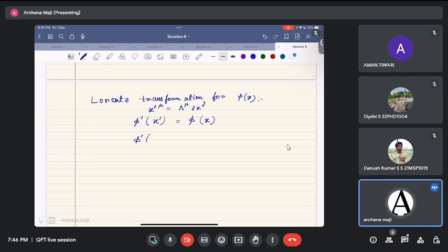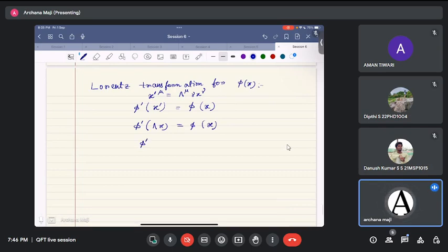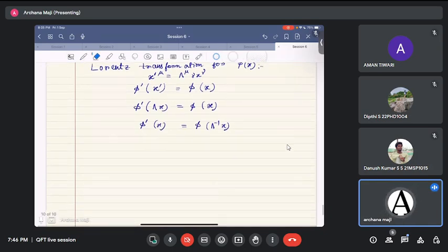So phi prime of lambda x is equal to phi of x, or phi prime of x is phi of lambda inverse x. That's why the argument there is lambda inverse x.